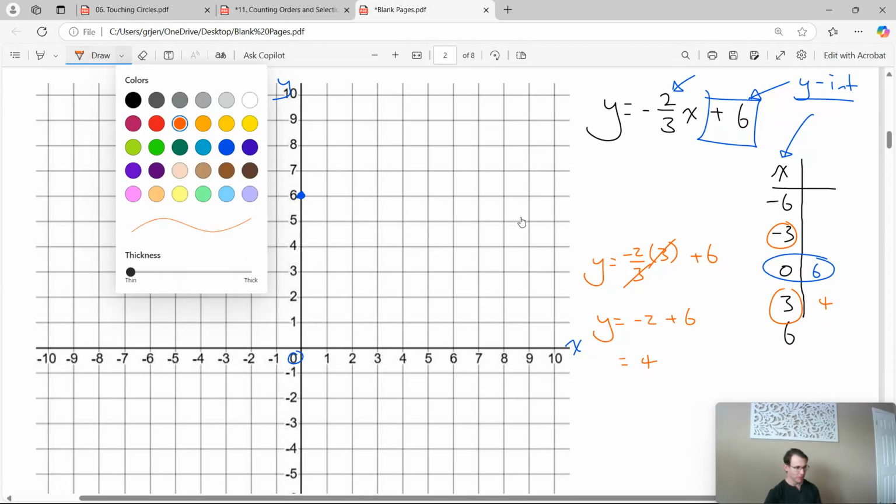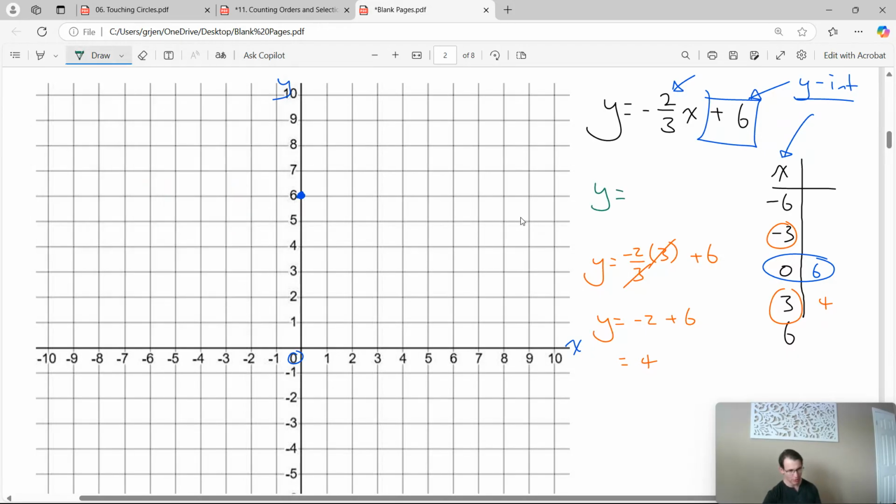But what if that had been negative 3? So then we'll go y equals minus 2/3 times negative 3 plus 6. Well, this would cancel this, and that would cancel that, and so then we have y equals 2 plus 6 equals 8. So we have 8 there. All right, cool.